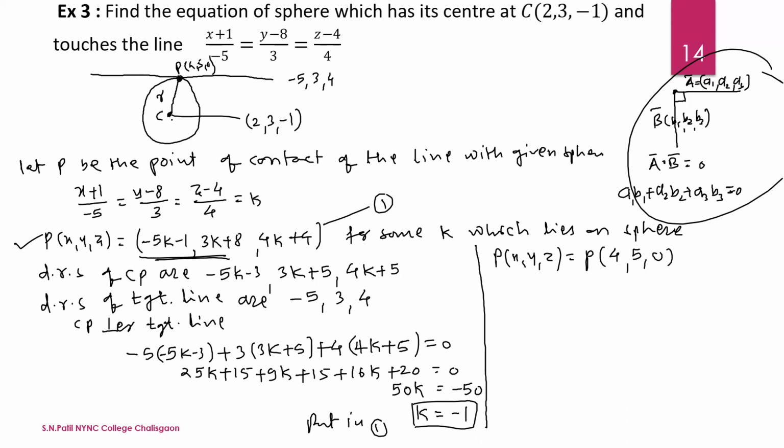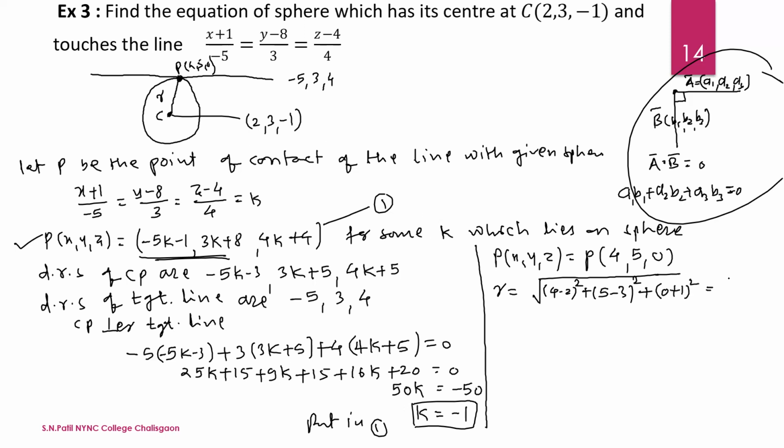So here, using the distance formula, we find the R. So R is equal to the square root of 4 minus 2 bracket square, 5 minus 3 bracket square, 0 minus plus.